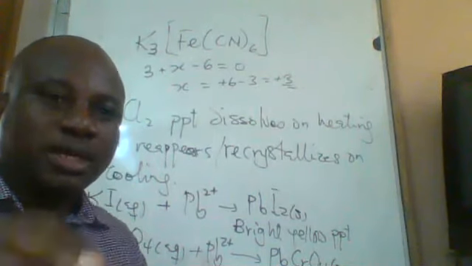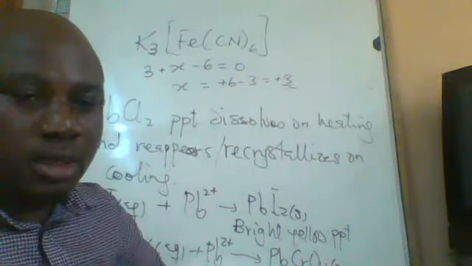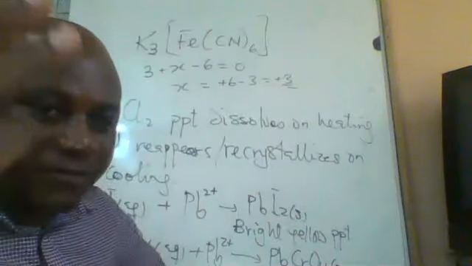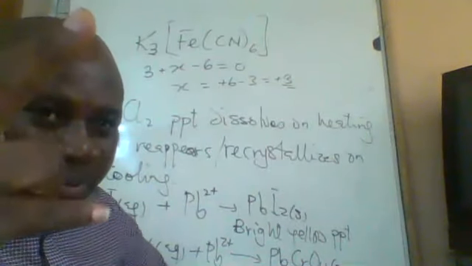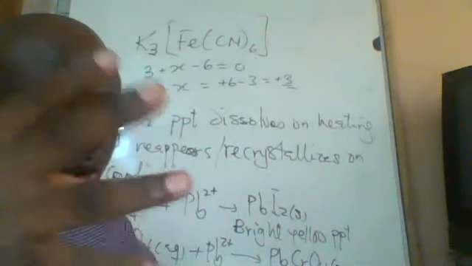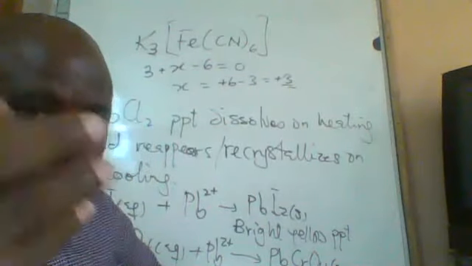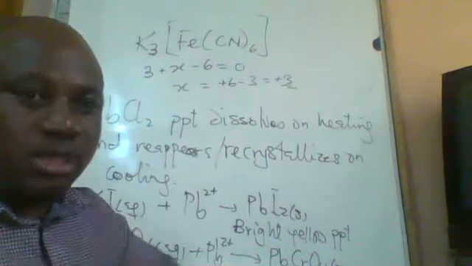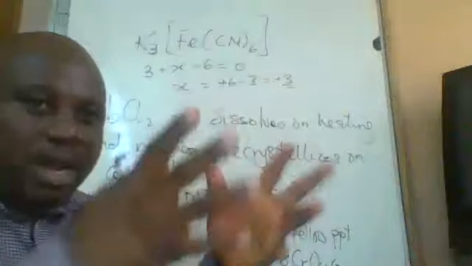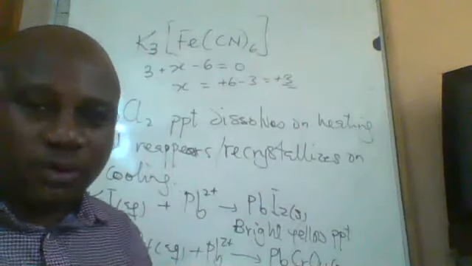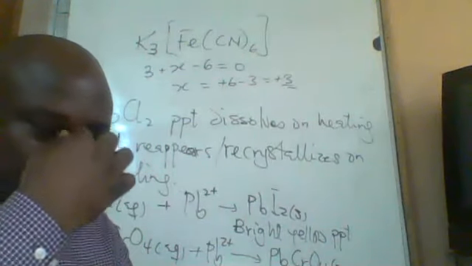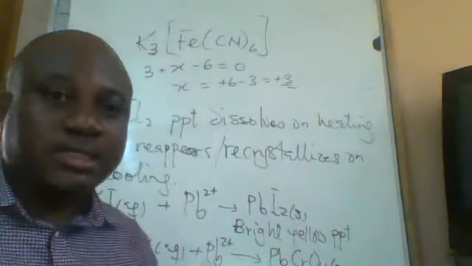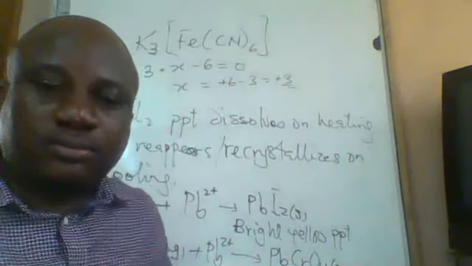Okay, so when it comes to the transition metals, talking about Fe2+, Fe3+, Cu2+, I would like to include Zn2+. Those ones, I will summarize their tests and forward it to you so that it will be easier for you to memorize them.